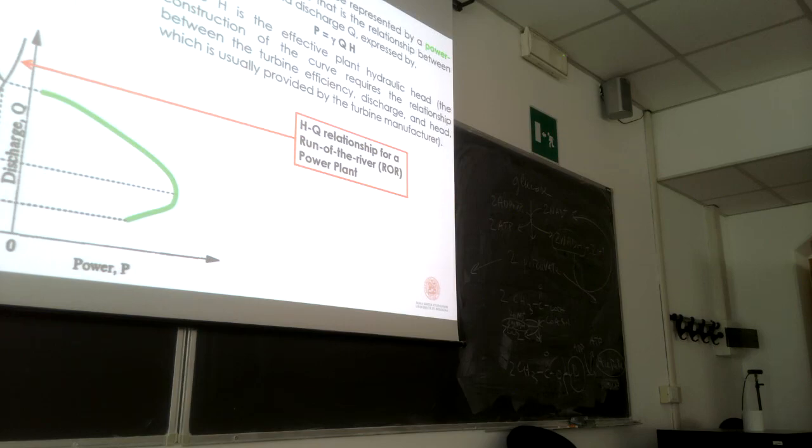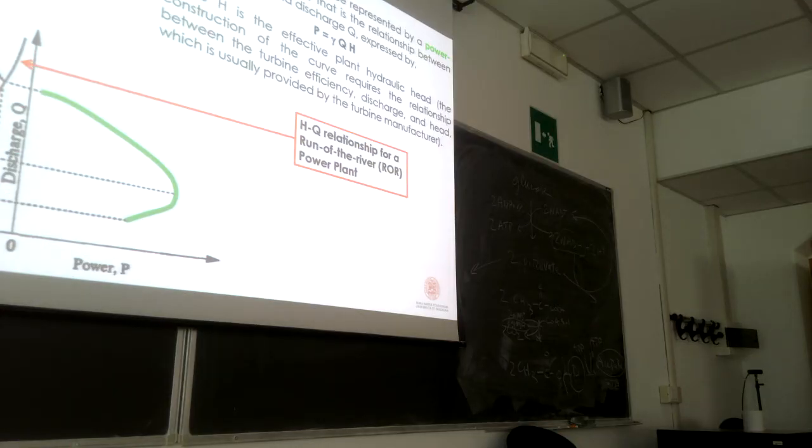Very good. Times what? H. What is H? The total overall hydraulic head. It's the water level difference between the intake of the turbine, where the inflow starts, and the tail water.